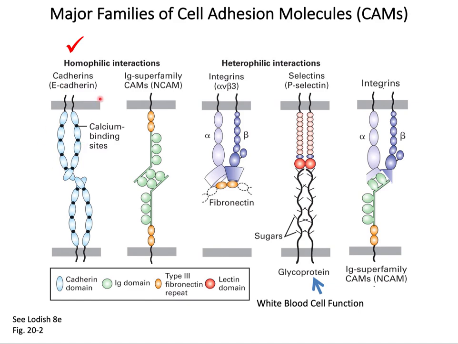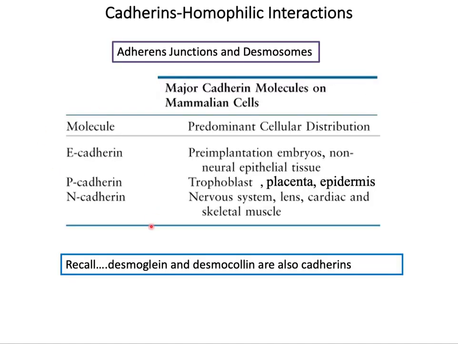So let's start with cadherin. Cadherins are a very large family of cell adhesion molecules. You will remember they represent the transmembrane linker protein in adherens junctions as well as desmosomes. The first three cadherins to be discovered are shown in the table.